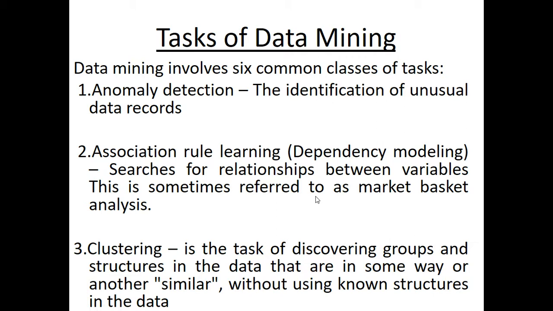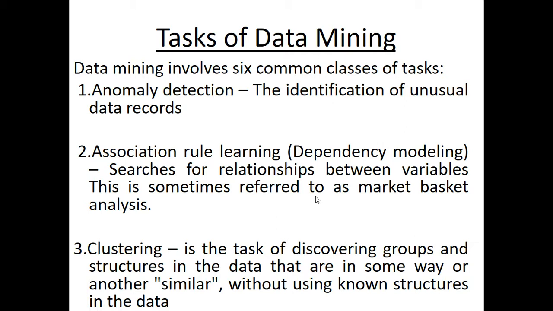Next is clustering. A very important thing. Clustering is the task of discovering groups and structure in the data that are in some way or another similar, without knowing the structure of the data. Clustering means grouping similar objects.